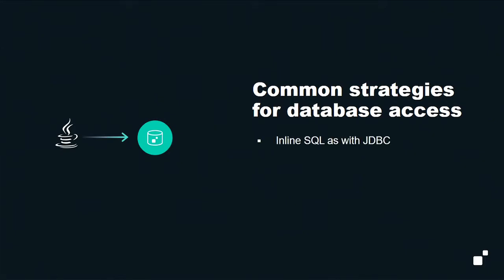The first approach is to embed the SQL in middle tier code with JDBC. The problem with this approach is that it encodes knowledge of the database schema in the middle tier, and that becomes a constraint on evolving the model in the database, because it's difficult to find the code that's affected by changes to the model in the database. And so you're at risk for breaking the middle tier.